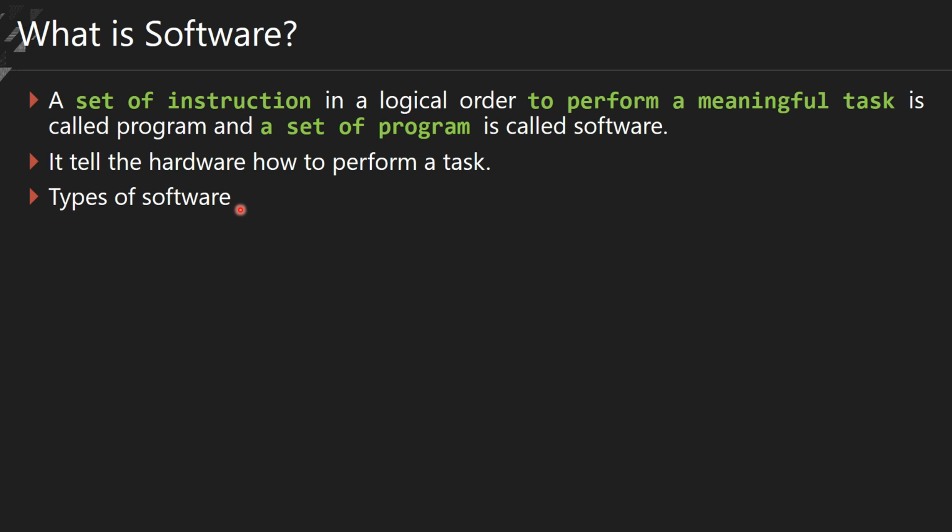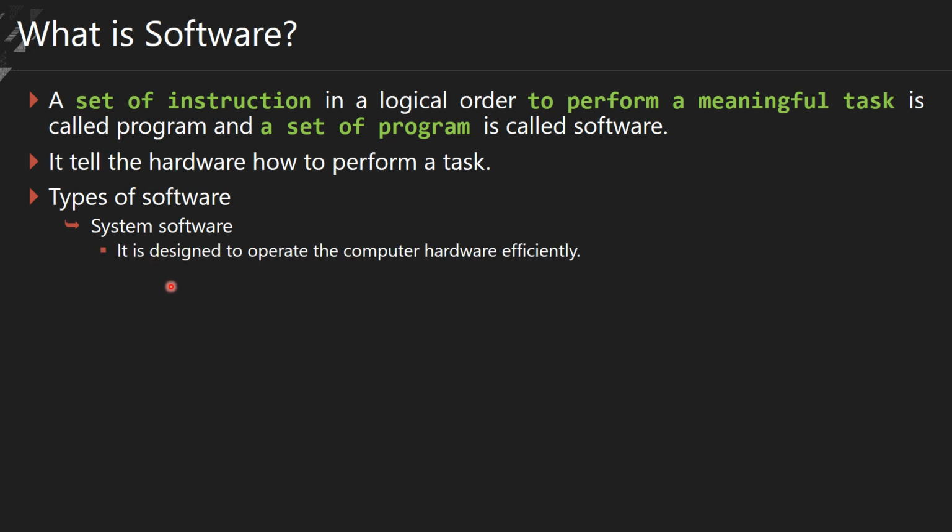Once you understand the definition of software, let us see that it has some types. The first type is called system software. It is designed to operate the computer hardware efficiently. That is called system software.